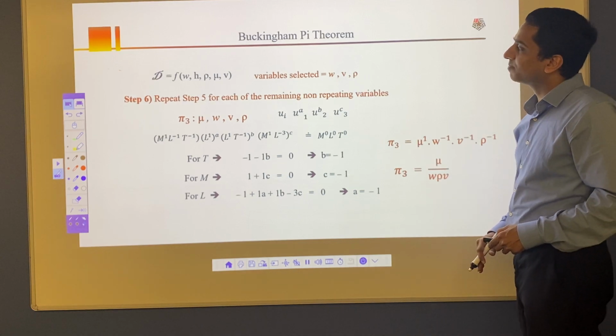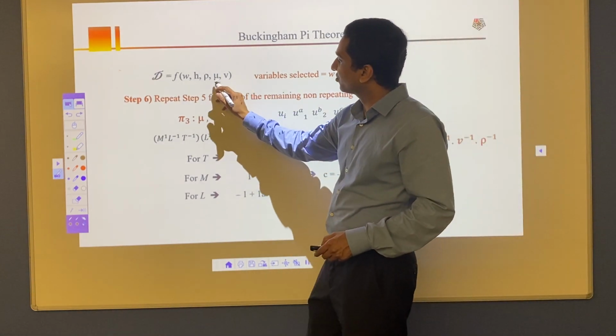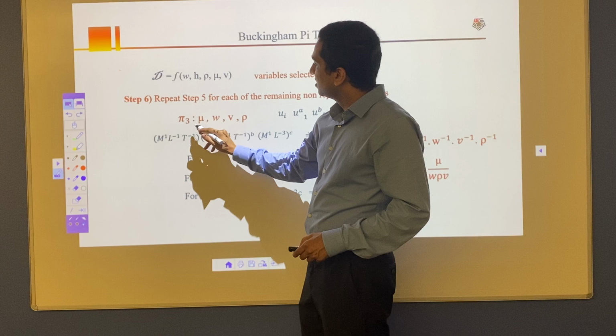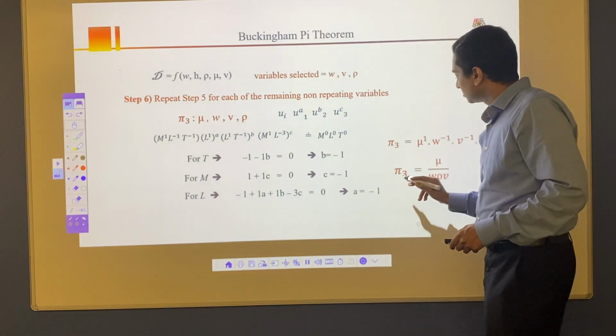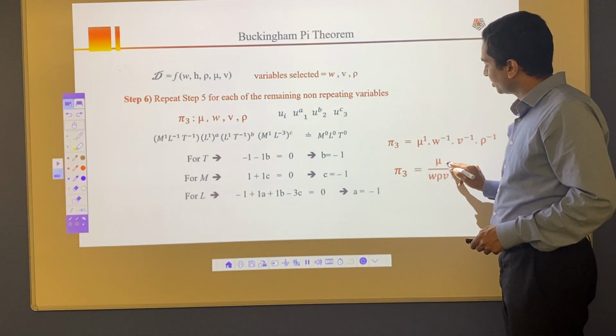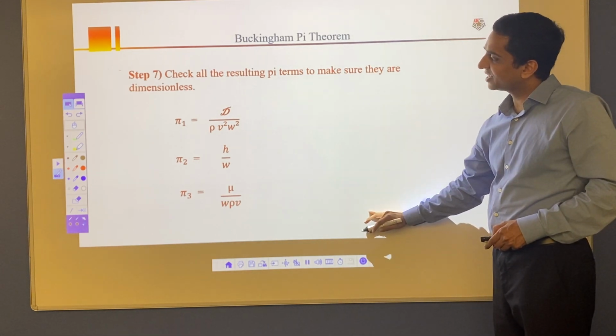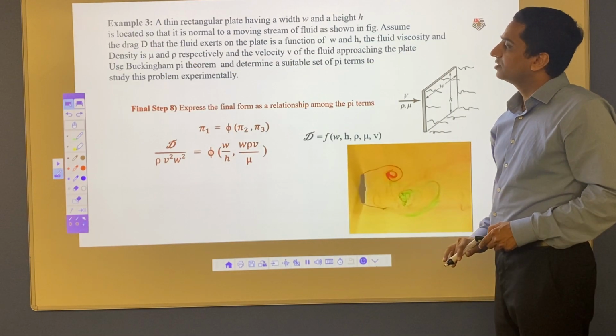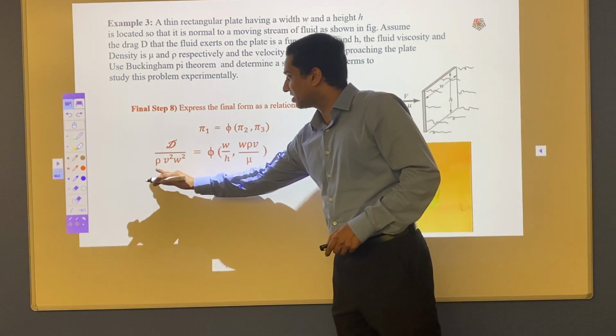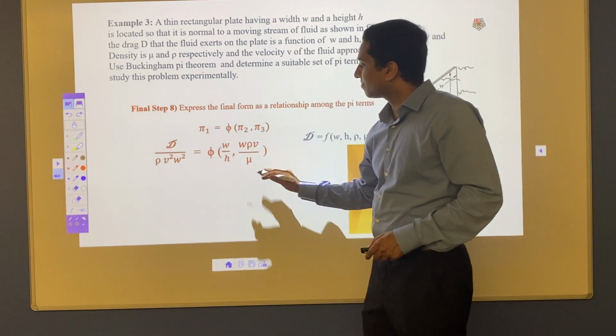For the third part, pi 3, you take viscosity, plug that in here, and calculate pi 3. Once you have pi 1, pi 2, pi 3, you write them down like this, and you have your final answer: pi 1 is a function of pi 2 and pi 3.